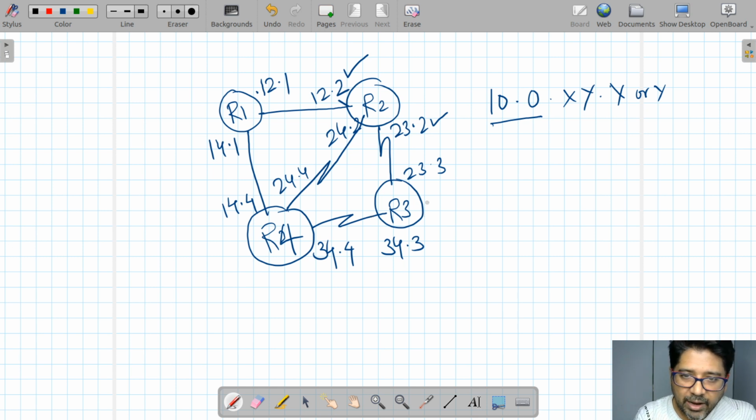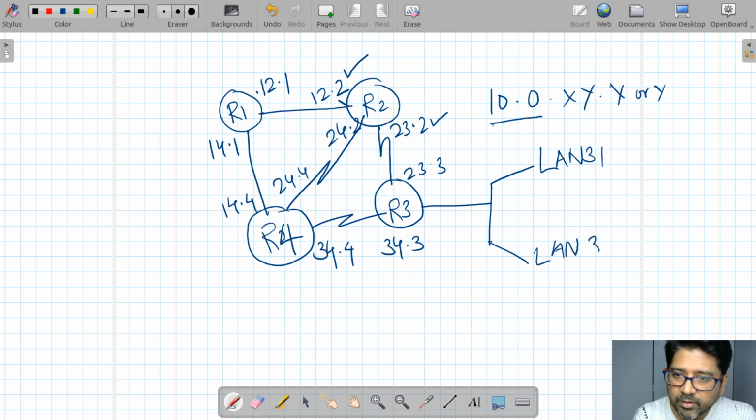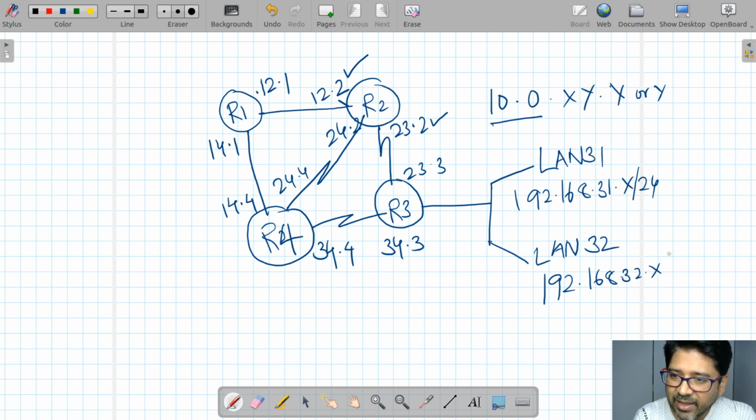And I want to add over here, suppose I have added two LANs, this is the 31 LAN and the 32 LAN, so my IP will be 192.168.31.x/24. Same way it will be 192.168.32.x/24.